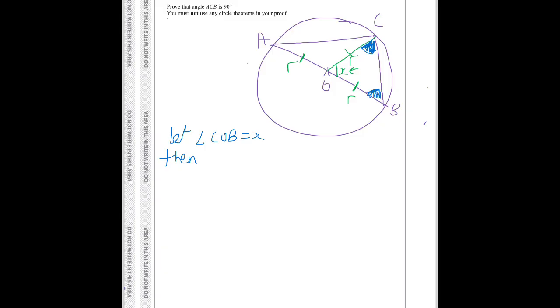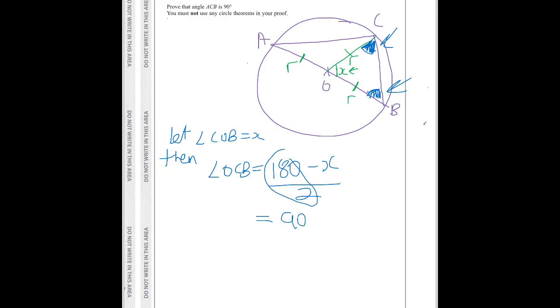Angle OCB, because this angle's in a triangle, is 180 take away the X. But because I've got to share this result over two equal angles, I need to halve that. Now we can split the fraction up. We can say this is 180 over 2, which is 90, minus X over 2. So we've got an expression for angle OCB.